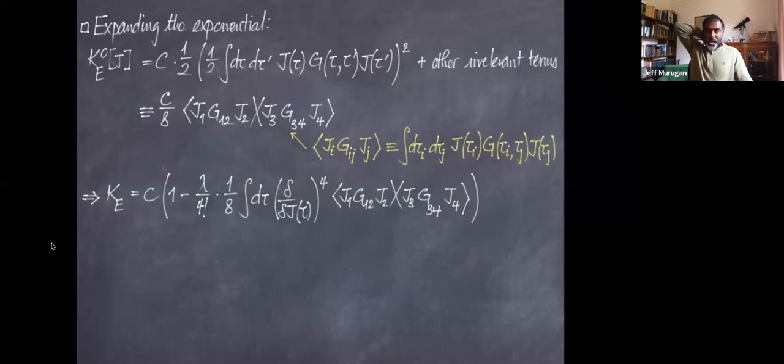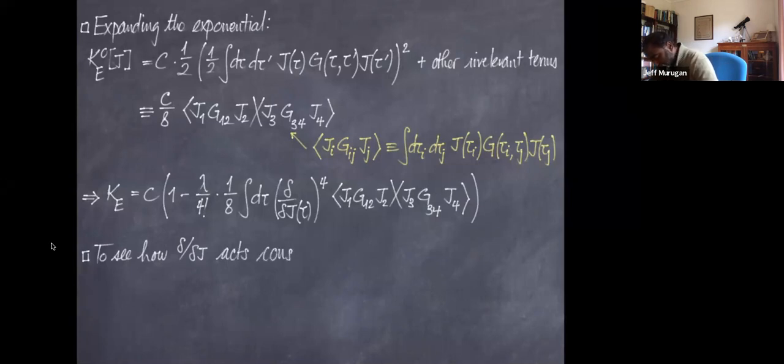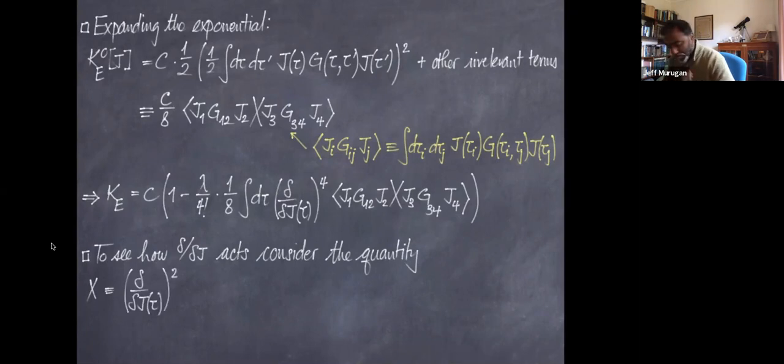So how does a functional derivative act in this case? To see how the functional derivative acts, let's consider a simpler object, which I'll call X. X will be 2 functional derivatives with respect to J of tau, acting on J1 G12 J2.